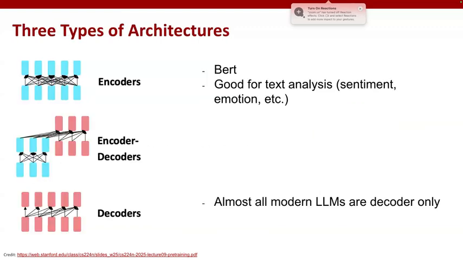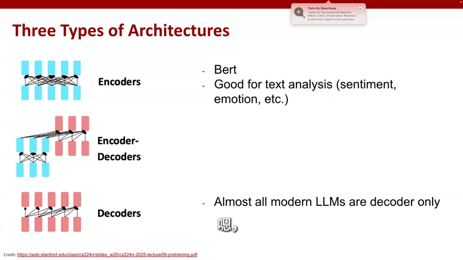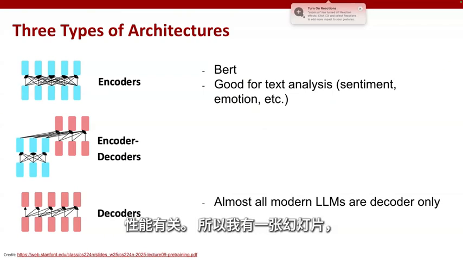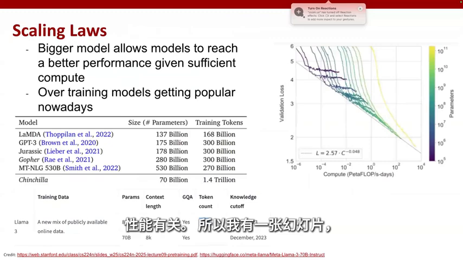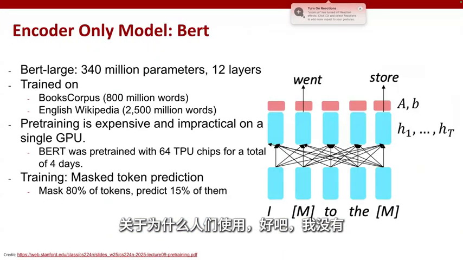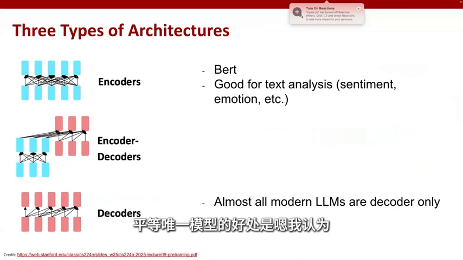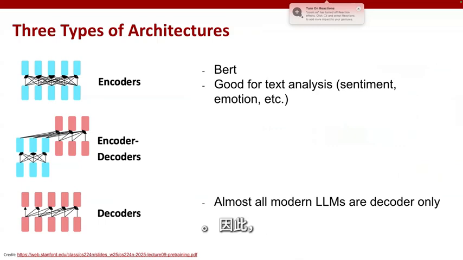Why don't you think people use encoder-decoders? I think it's mainly about the performance. So the good part about the decoder-only model is that I think it models language completion more naturally.